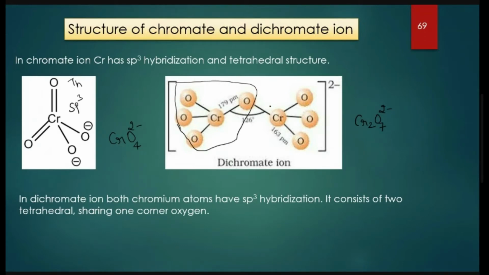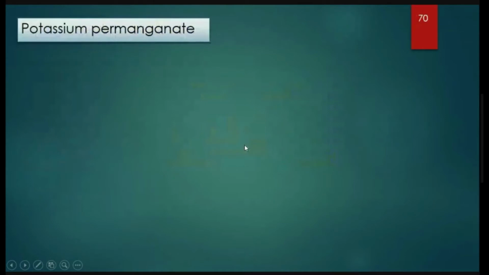Each chromium atom undergoes sp3 hybridization, and the ion consists of 2 tetrahedra sharing one corner oxygen atom. These 2 chromium atoms share this corner oxygen atom, forming a bond angle of about 126 degrees. That is about the dichromate and chromate ions.